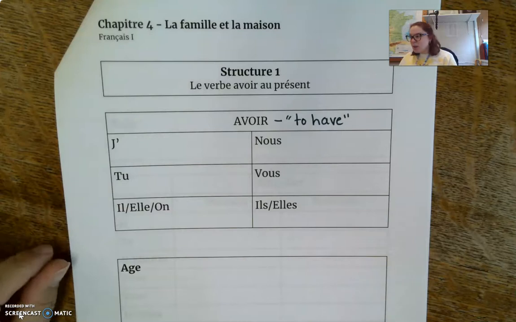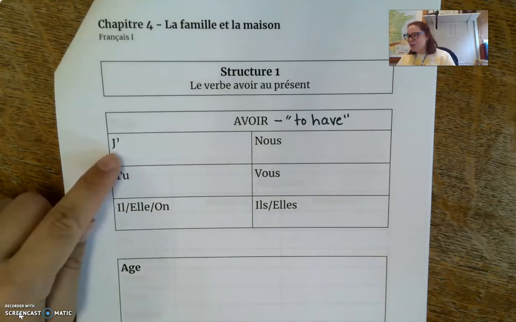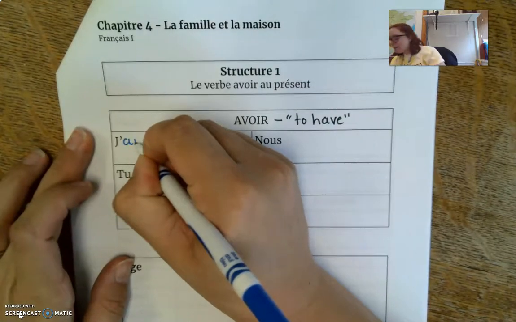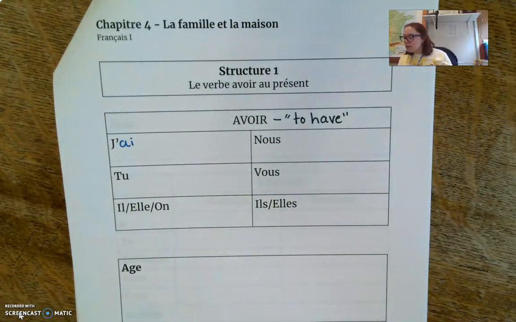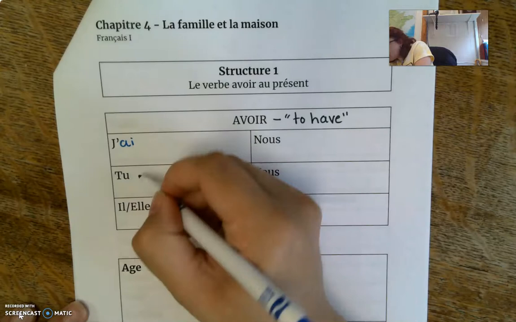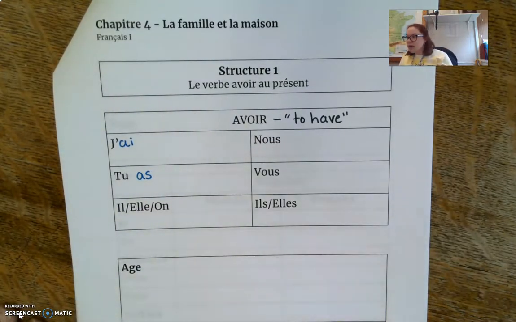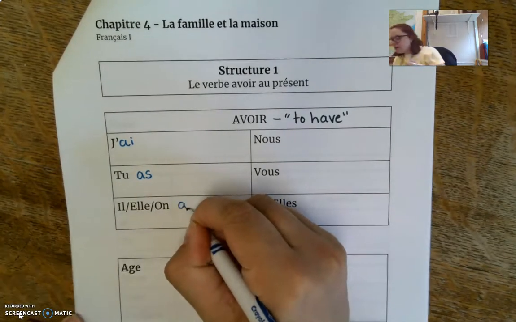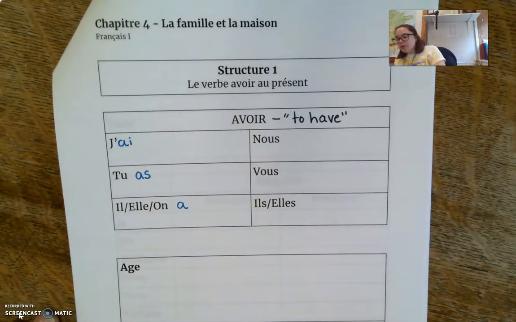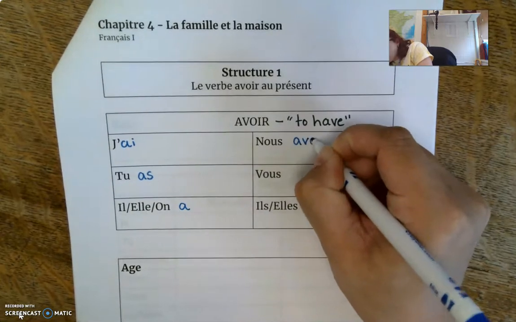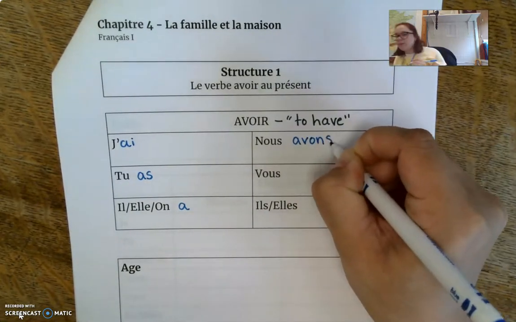So to match with je, you can tell we're going to start with a vowel because we've got that J apostrophe. So it's j'ai, A-I. To match it with the pronoun tu, it's as, A-S. To match avoir with il, elle, or on, you're going to use a, just the letter A. Then for nous, it's avons, A-V-O-N-S.